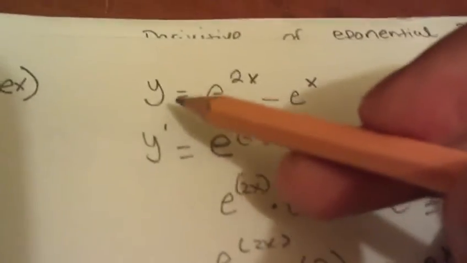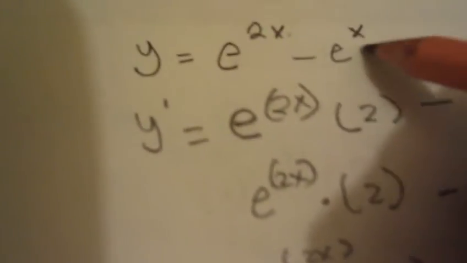So what the y is, the function of y. The way you find the function of y, it's like this. You just substitute x over here. This x is 1/2 ln. So let's go back. So y equals e to the 2x minus e to the x.